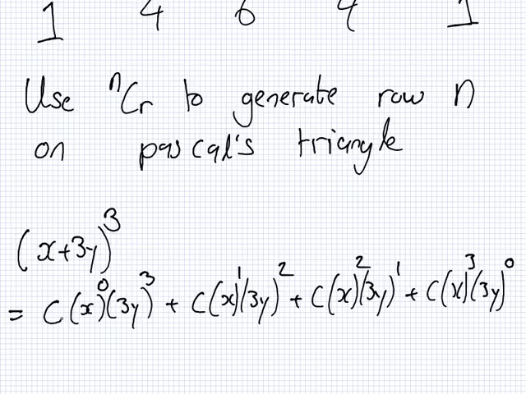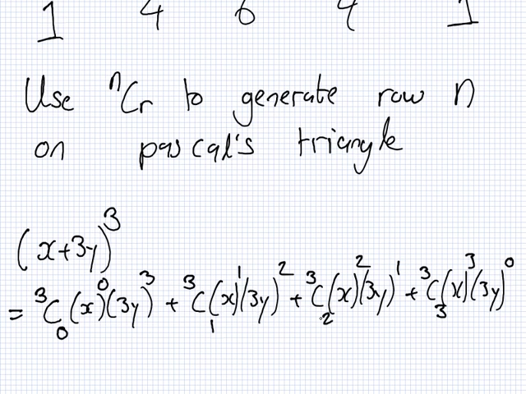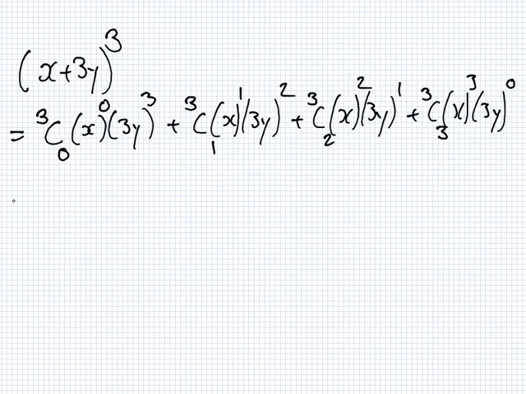And this C, we can use it to find the row of the triangle. It's 3C0, 3C1, 3C2, and 3C3. So on your calculator, for example, you would need to type in 3C0 and 3 power 3.